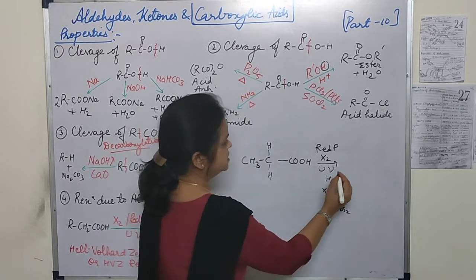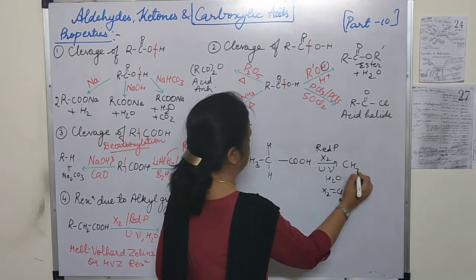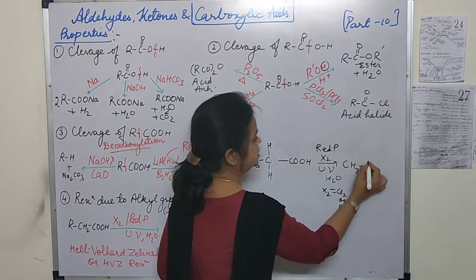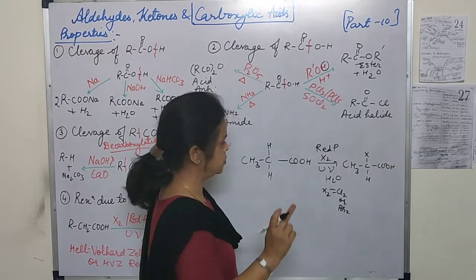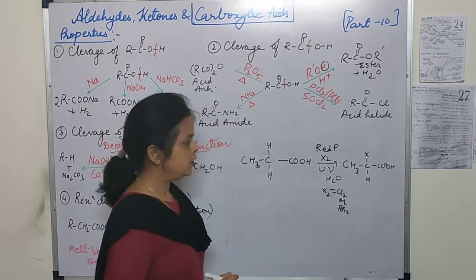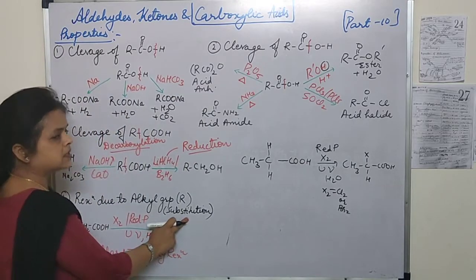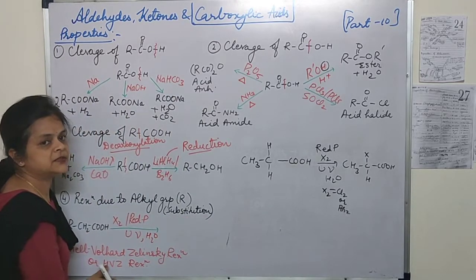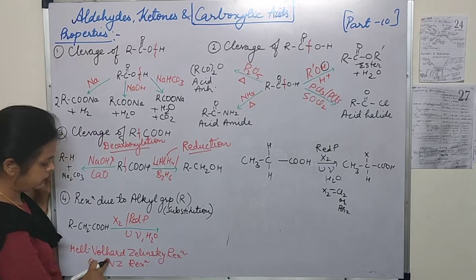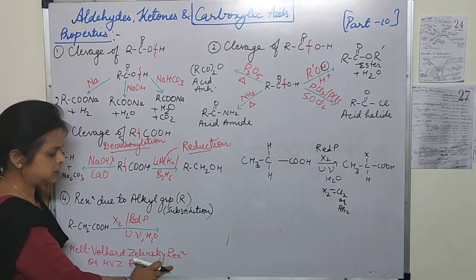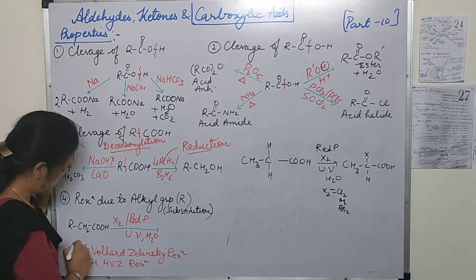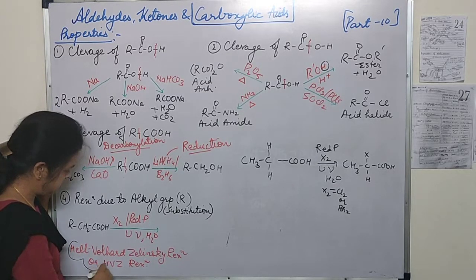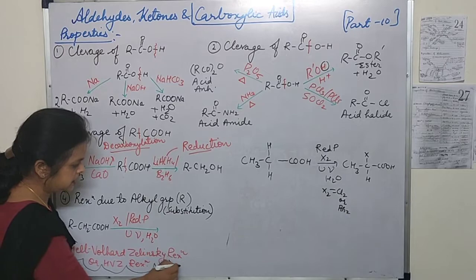Fine. So what is the product over here? CH3CHXCOOH, the COOH will remain as it is. Only the alpha hydrogen will get replaced. And this is called a substitution reaction, and it has a specific name, Hell-Volhard-Zelinsky reaction, or in short we use HVZ reaction. Students, this is a very important name reaction. Many times it is asked directly.